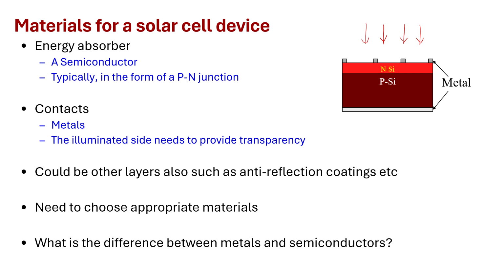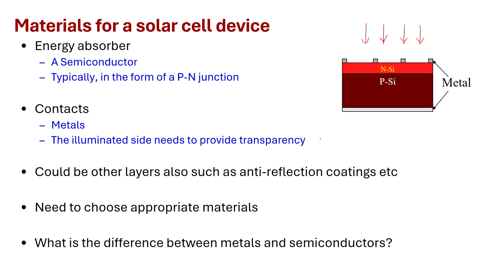And the important thing is the side which is illuminated needs to have transparency. As a result, the configuration of contacts on the top side, or the side from which light enters, is very important. So it has to be either transparent or it has to be put in the form of a grid so that maximum amount of light can be absorbed.